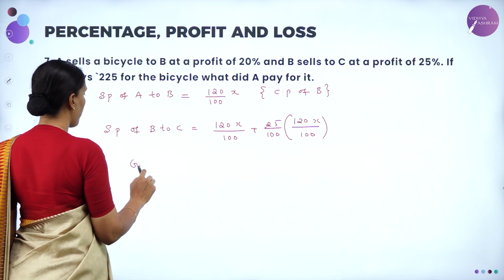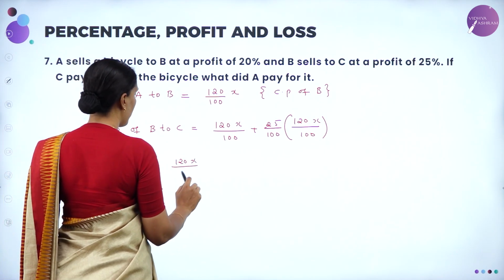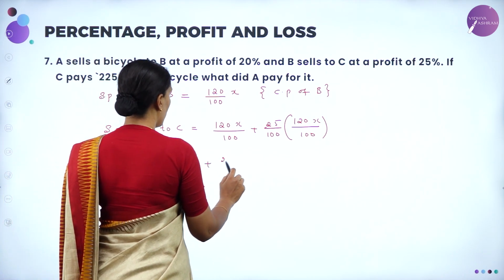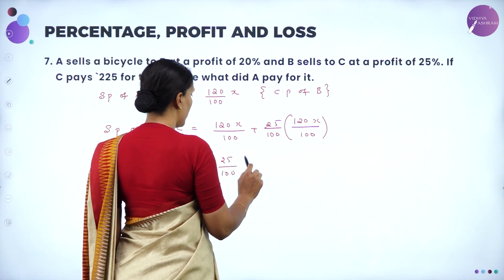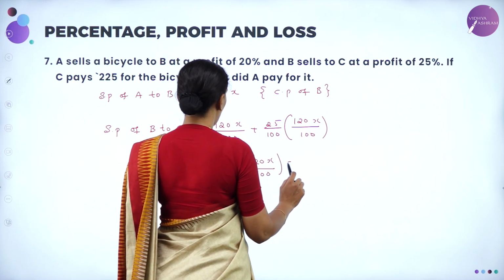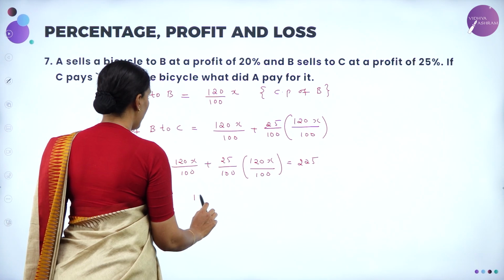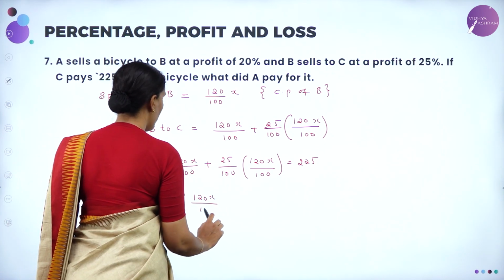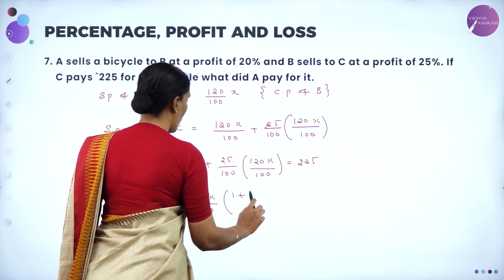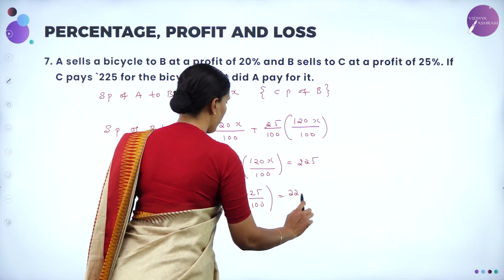So given, 120x by 100 plus 25 by 100 into 120x by 100 is equal to 225. So if we take 120x by 100 as a common factor, here we'll get 1 plus 25 by 100, which is equal to 225.